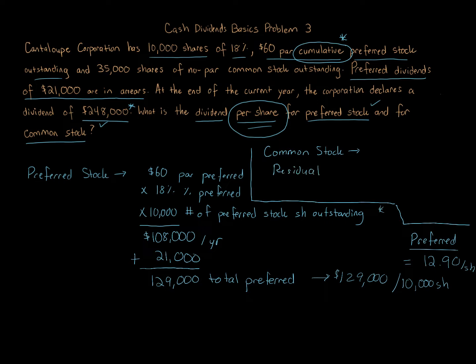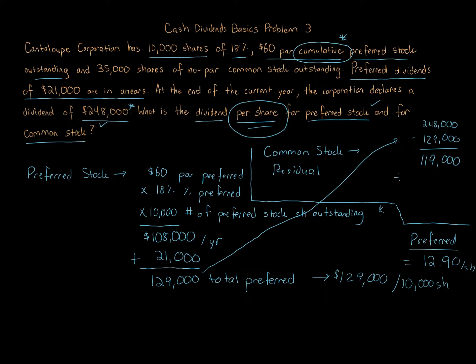We take the total dividend of $248,000 and subtract away the $129,000 total. That's why we had to calculate that total. $248,000 minus $129,000 gives us $119,000.